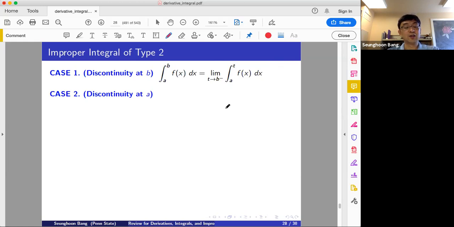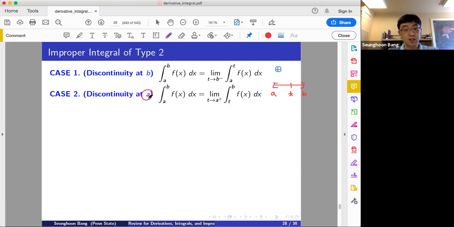Now the discontinuity at a, integral from a to b of f of x dx. How can you calculate? The limit as t approaches a from the right of the integral from t to b of f of x dx. How can you decide the one-sided limit? Same. With a and b, choose t between a and b.